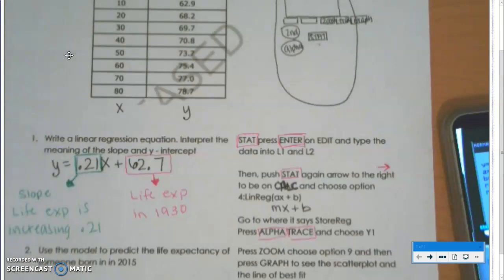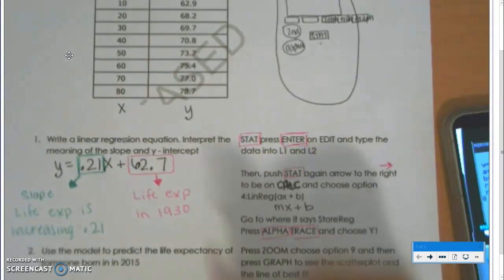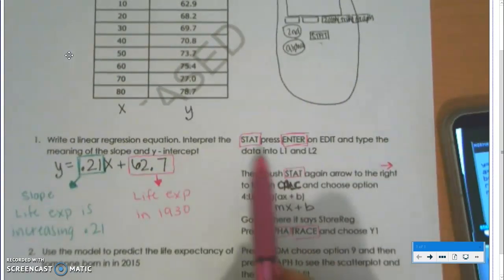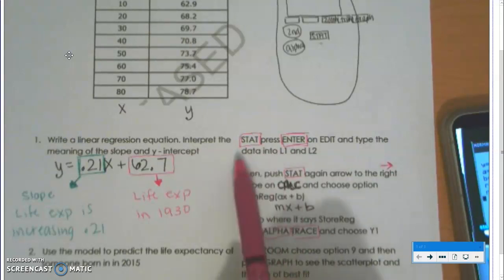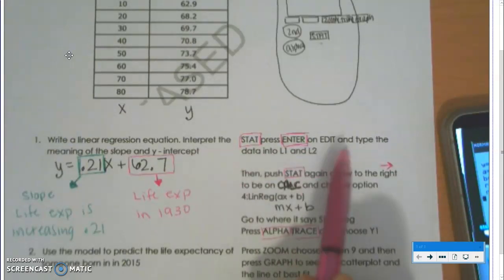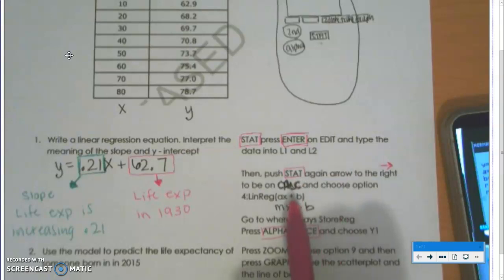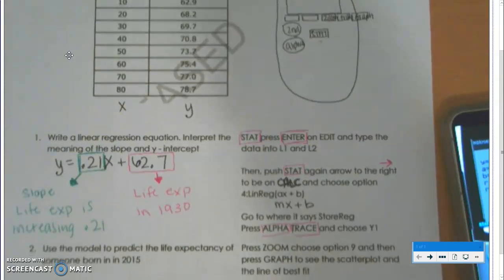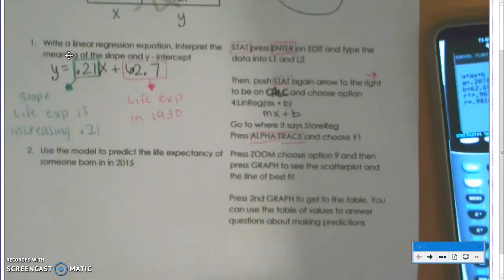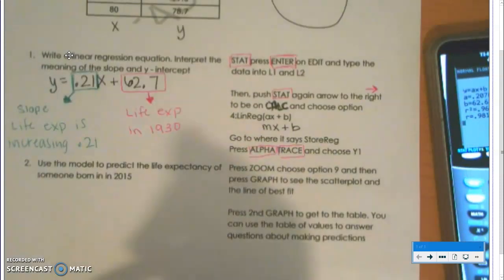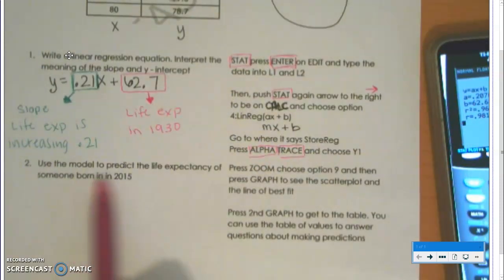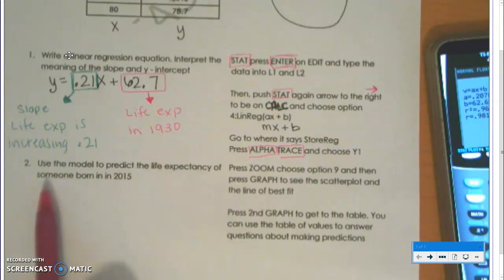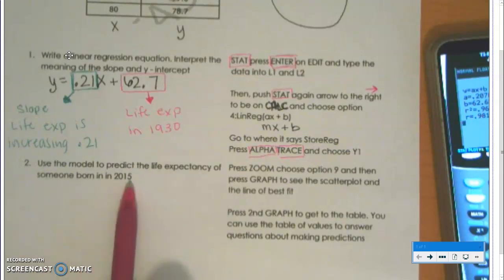All right, so all of that, interpreting the slope, finding the y-intercept, I was able to get that information by just doing stat, enter, type the data in, stat, go over to calc, and choosing option 4. That was able to give me my equation. All right, now we want to actually use the equation to do something. So use the model to predict the life expectancy of someone born in 2015.